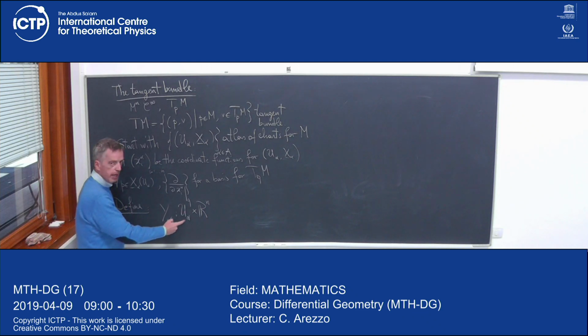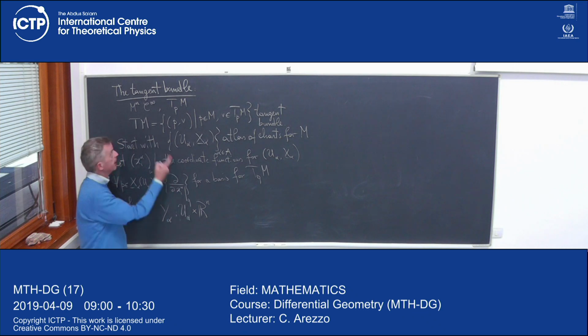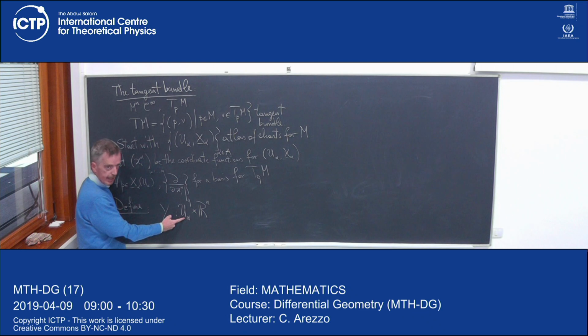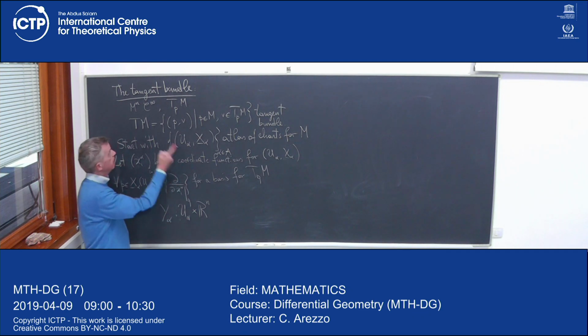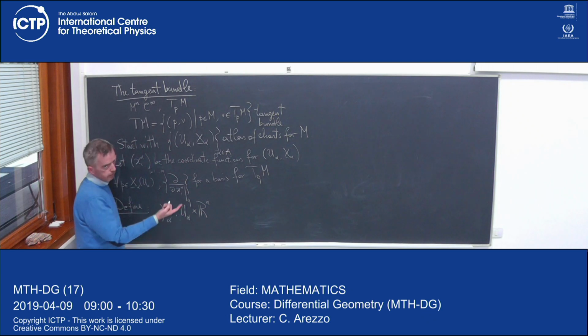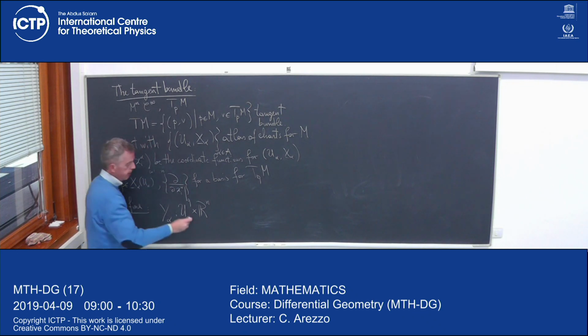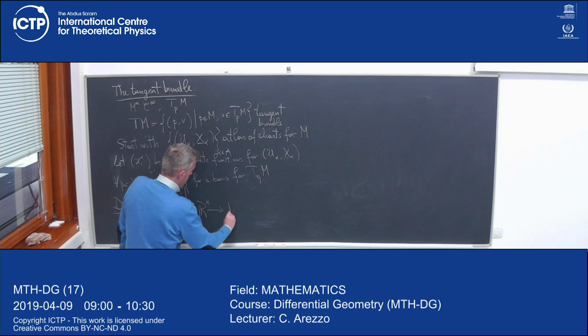In fact, if I'm writing this, I'm already telling you the dimension, because this lives inside Rn, and this is another Rn. So, believe me for a second, this will be a 2n dimensional manifold. You double the dimension of the original manifold.